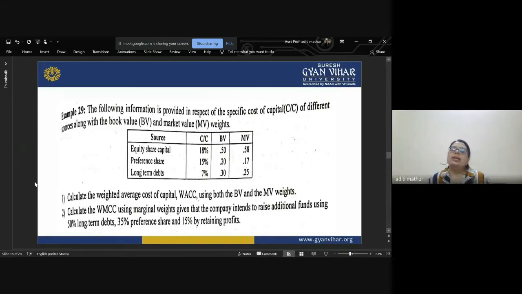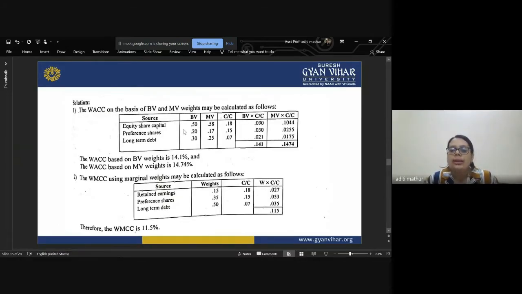There are two parts in this question. The first one is to calculate the WACC with the help of the book values and the market values. So let us first solve part A. First, let's draw the table.